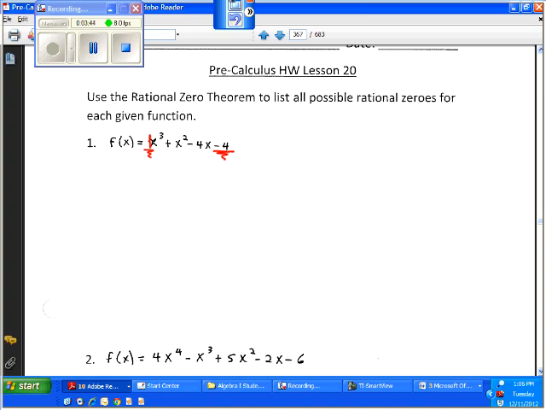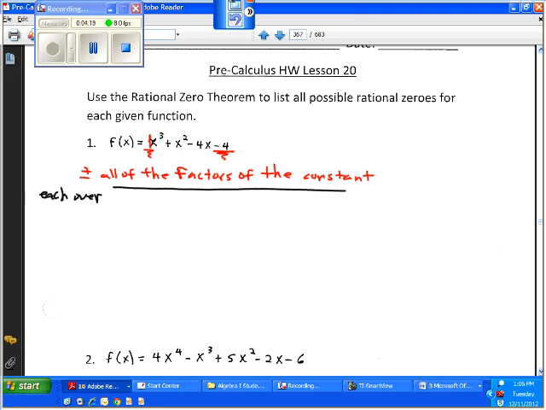So what we're going to do is take plus or minus, and you can start writing this down, plus or minus all of the factors of the constant each over all of the factors of the leading coefficient.